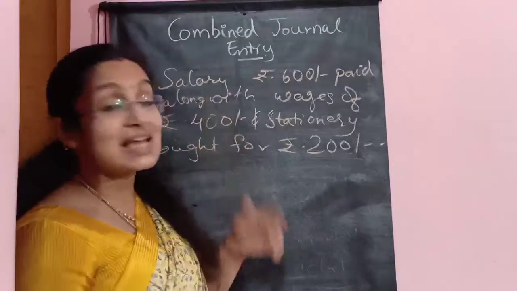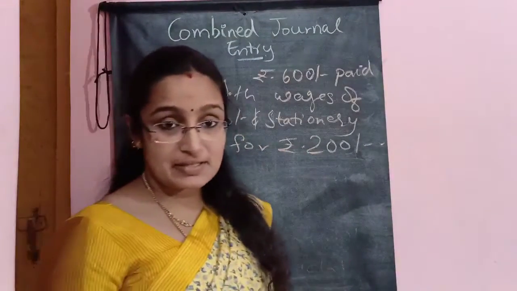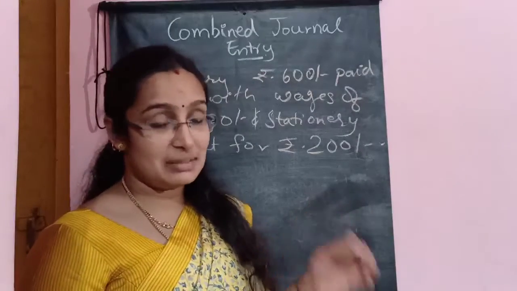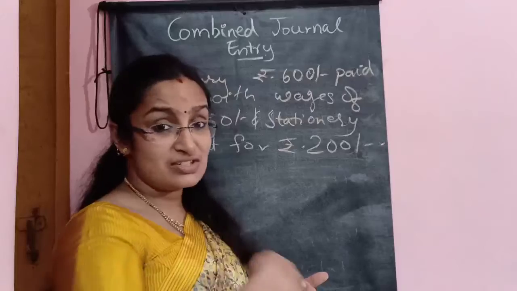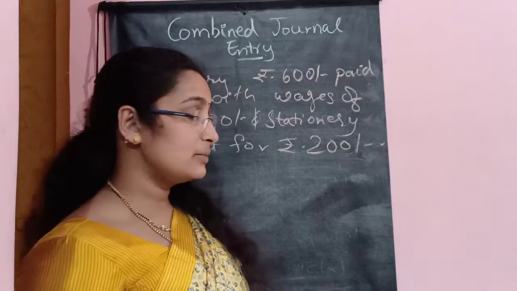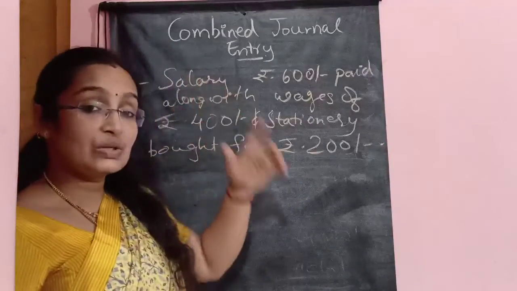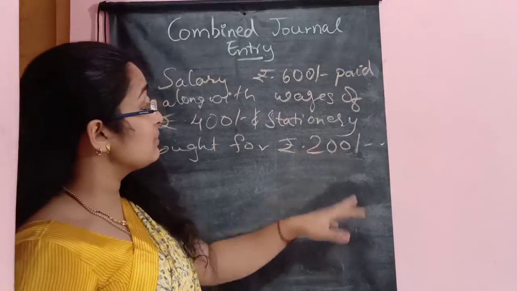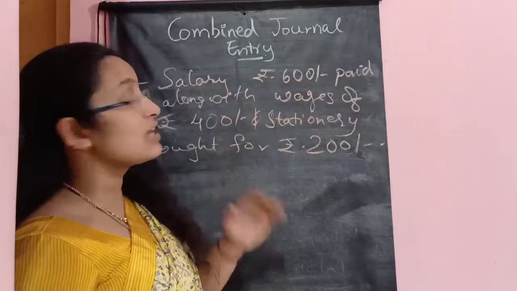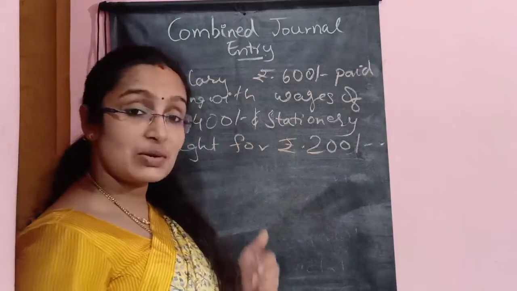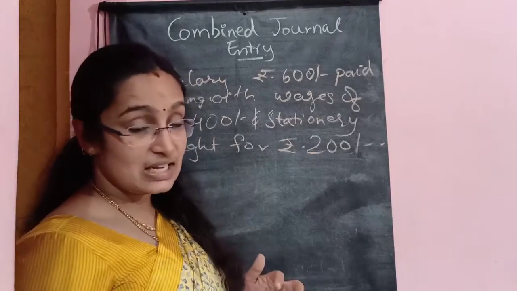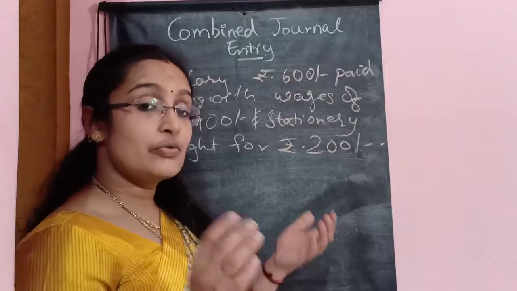One is for the salary. Salary is the expense, so we'll debit that account. Salary account debit to cash, because cash is flowing out, right? Salary account to cash account. In the similar way, the wages are paid. So wages is again an expense. So wages account will be debited and the cash account will be credited. So wages account debit to cash account.